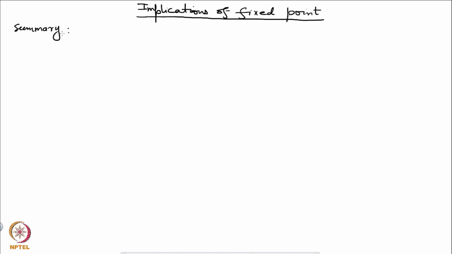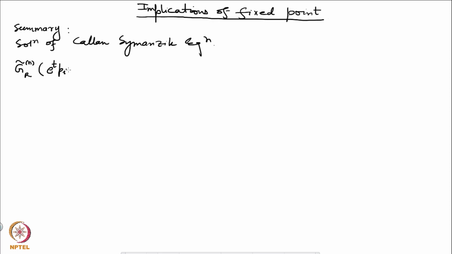Let me just write down the solution of the Callan-Symanzik equation, because that is what we are trying to analyze. So the solution of the equation is the renormalized Green's function, the n-point Green's function at scaled up momenta.